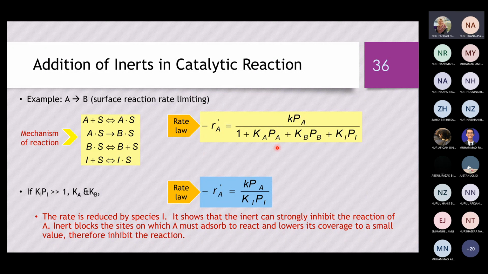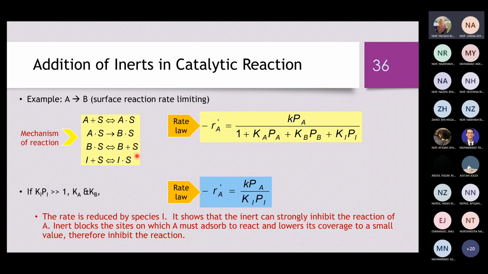Okay, so the other day I already explained the tips on how to predict the rate law and also the mechanism of reaction. So we can write the rate law based on mechanism, but usually we will write step by step, but we still can predict the final rate law equation as this one.